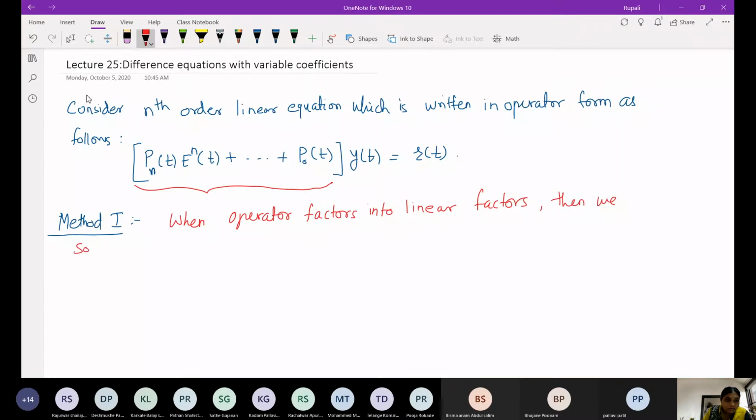We solve that equation by solving a series of first order equations.